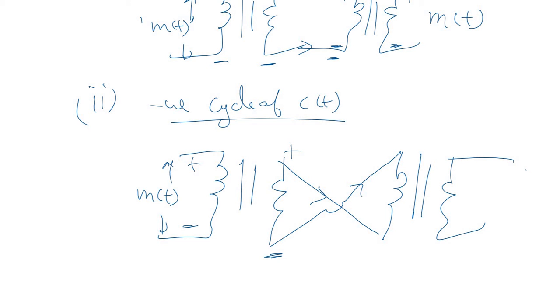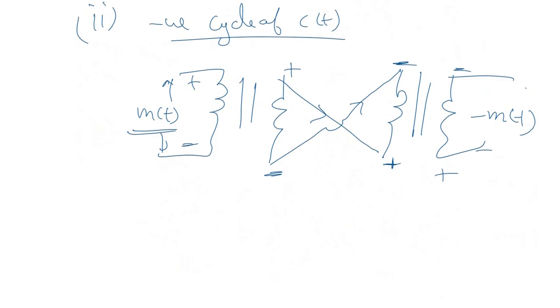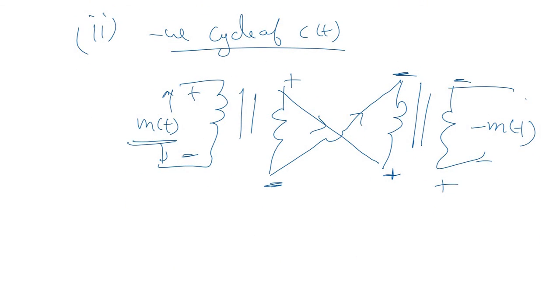This positive polarity would now come over here and negative here, and the same negative-positive will be induced at the output of the secondary terminal. Now you see, if the applied input is m(t), the obtained output will be the reverse of m(t). The polarity will be reversed, so it will be minus m(t), for the negative cycle of c(t). I hope it is clear till this point.